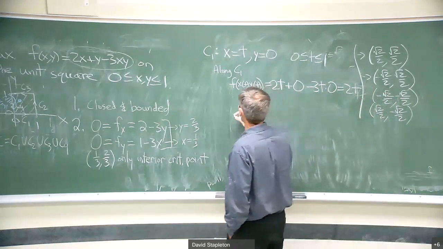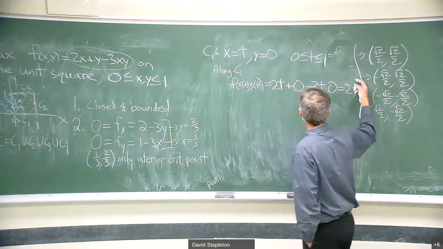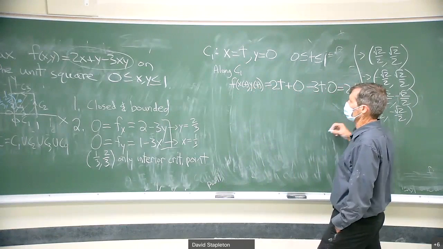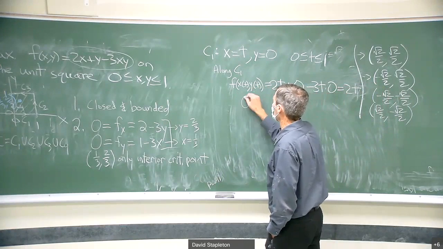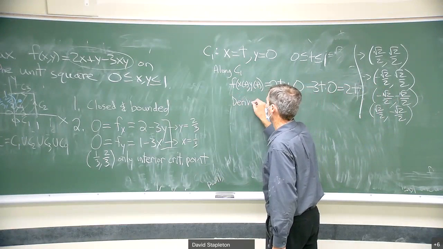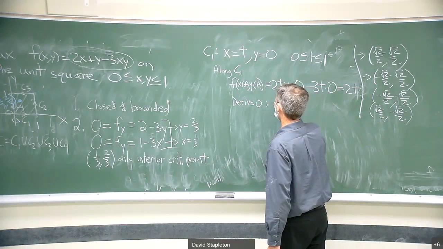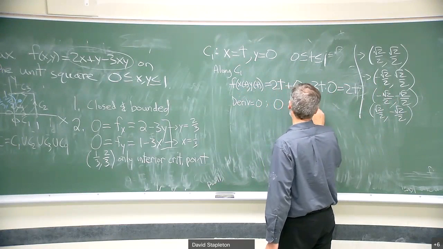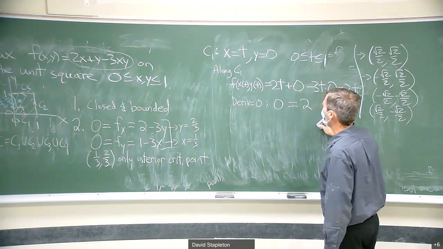So the only critical points are at the end. If you set the derivative equal to 0, this is now a function of one variable, the derivative equal to 0 says that 0 equals 2, and there is no such point.